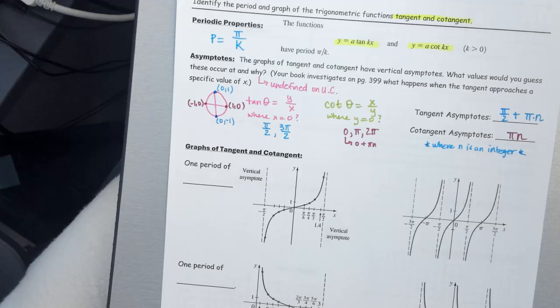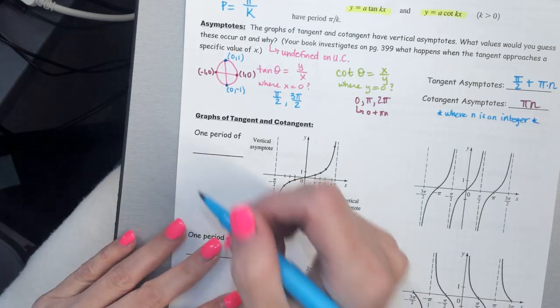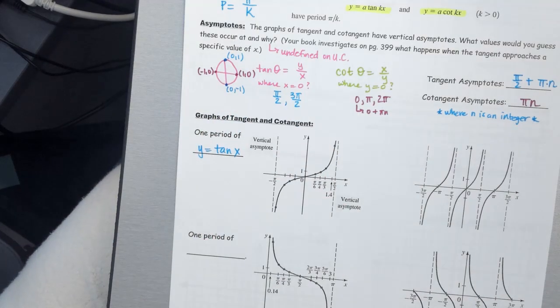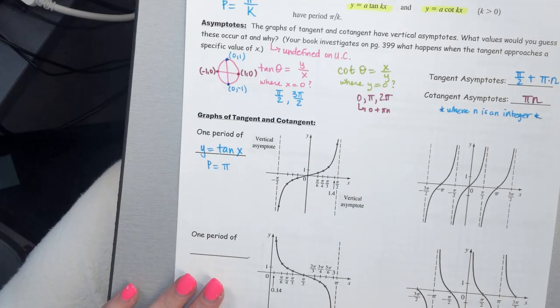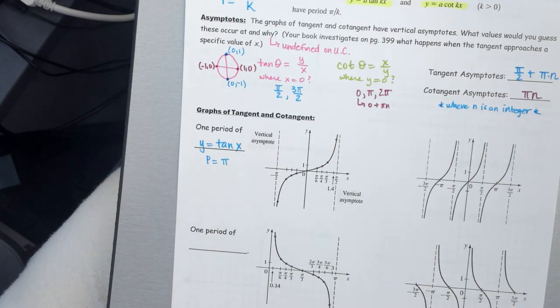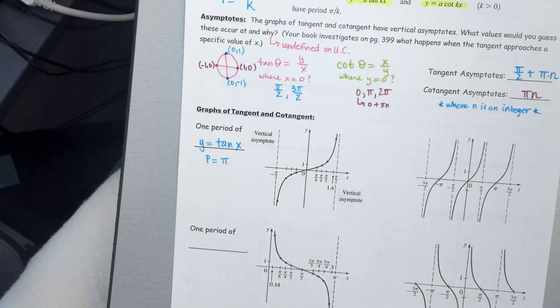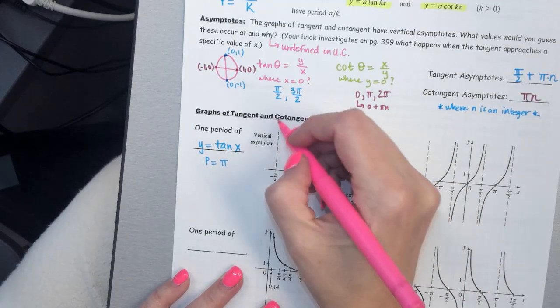So when we're looking at our graphs for the one period of the tangent, we want to locate some special points on there. So the period is pi. Notice that you do have a vertical asymptote here at pi over 2.